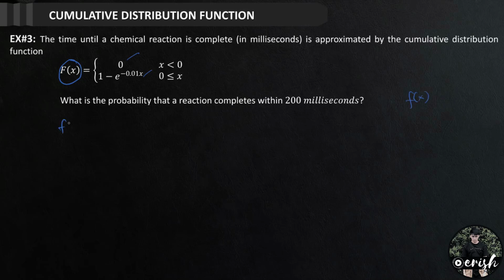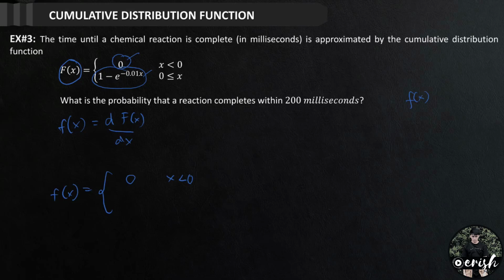So f of x, again, is equal to the derivative of F of x over dx. And ilalagay natin ito one by one and solve for their derivatives. For 0, of course, 0 na yan. So, ilagay na natin dito. This is 0 for x less than 0.